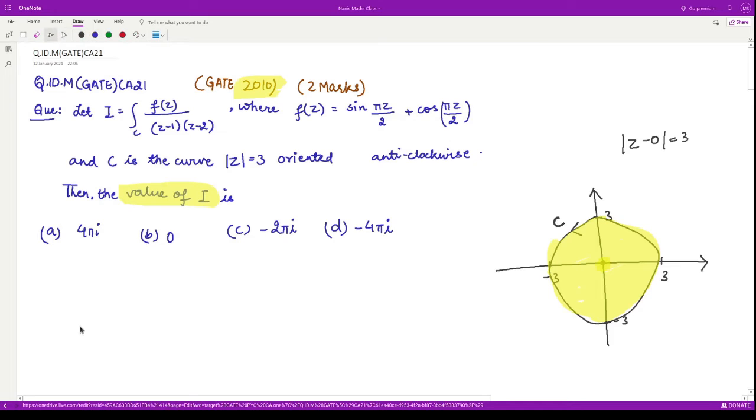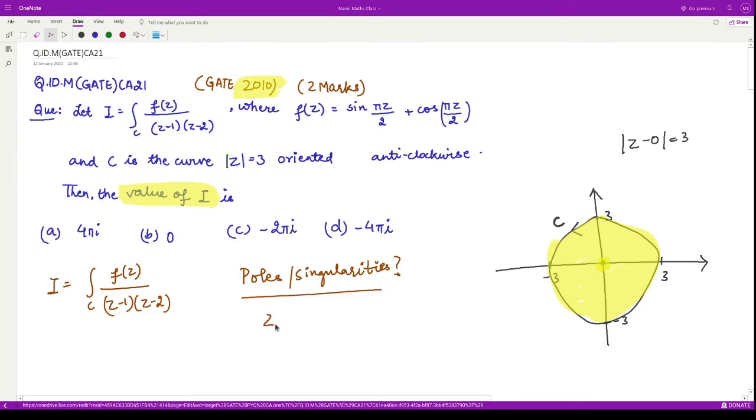So in order to calculate the integral I over the C, where the integrand is f(z) divided by (z minus 1)(z minus 2), first of all we must determine its poles or singularities. So we substitute the denominator equal to 0.